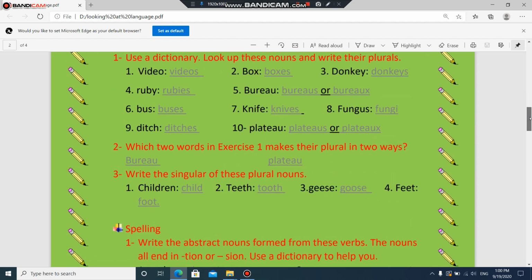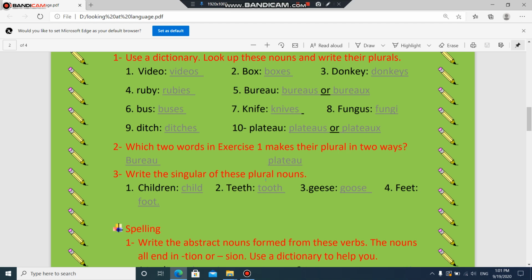Now guys, exercise number 3 says write the singular of these plural nouns. I told you about an irregular plural noun. Irregular plural nouns like man, men. Woman, women. Okay, mouse, mice.